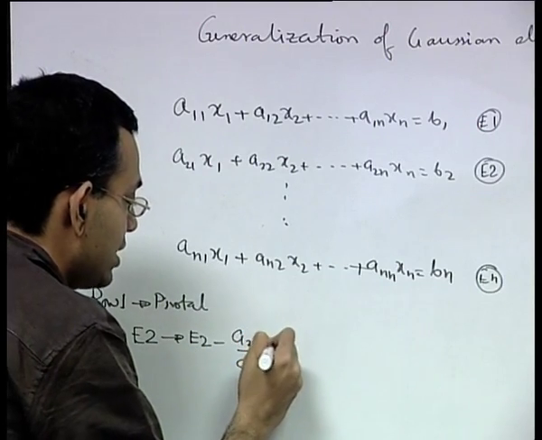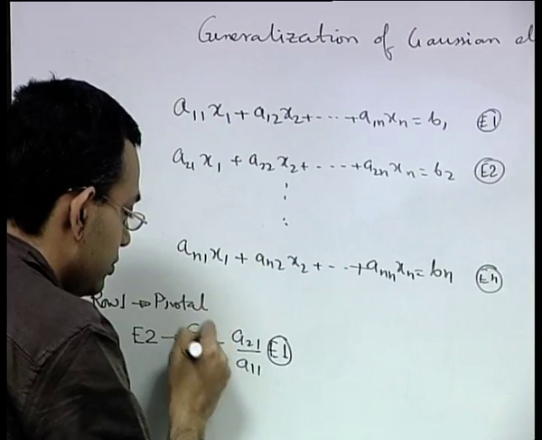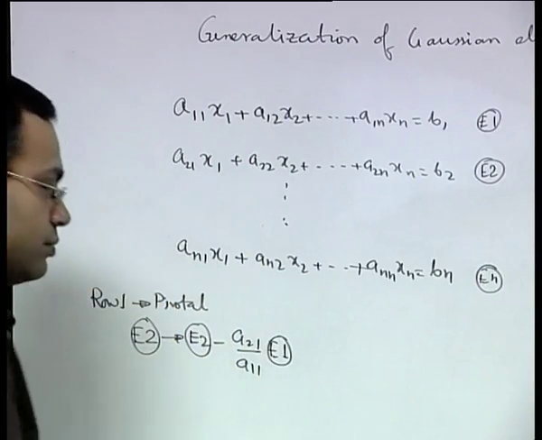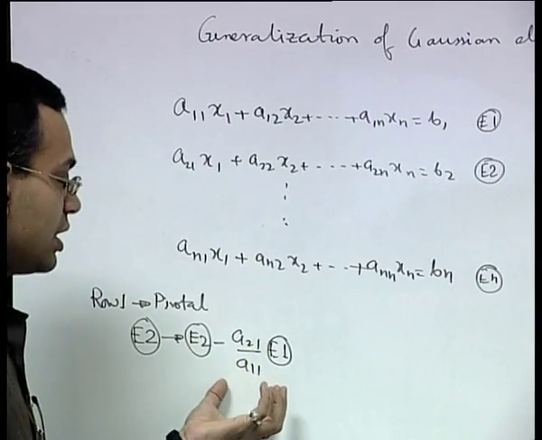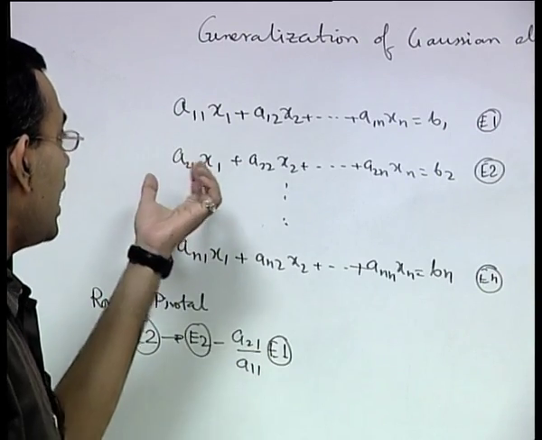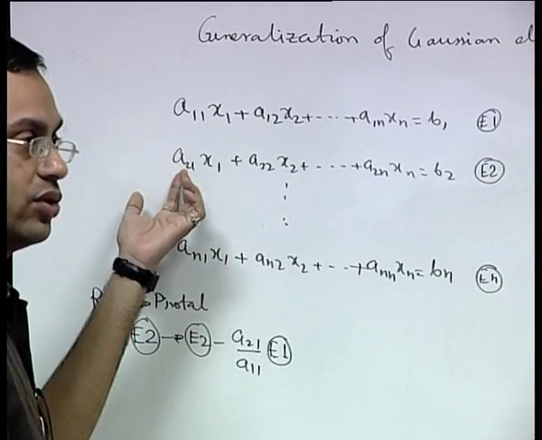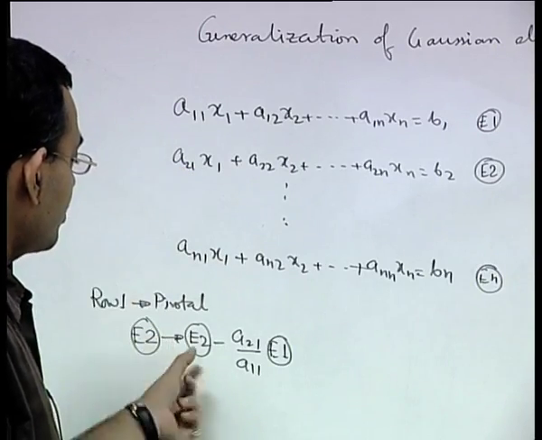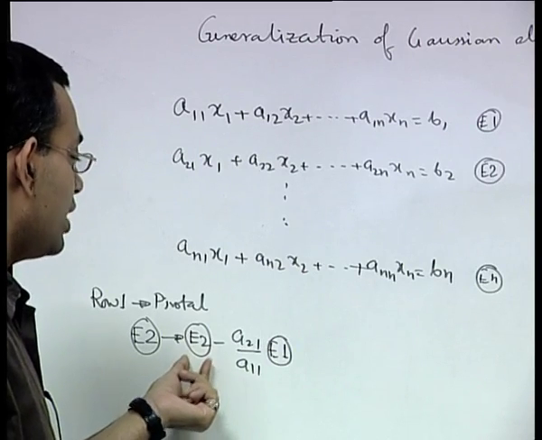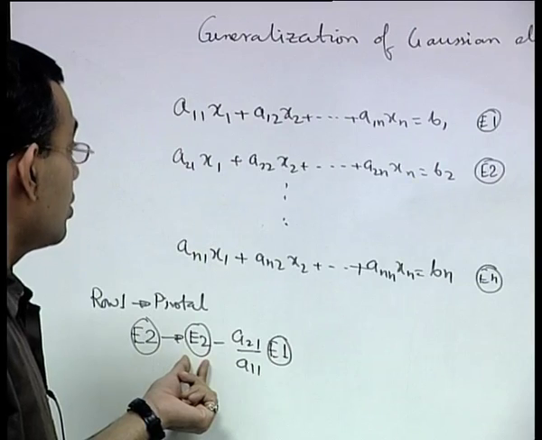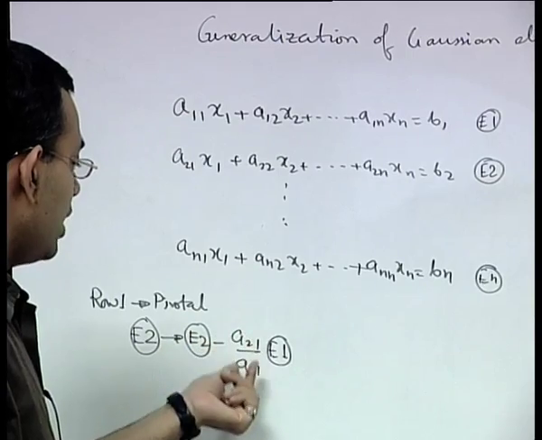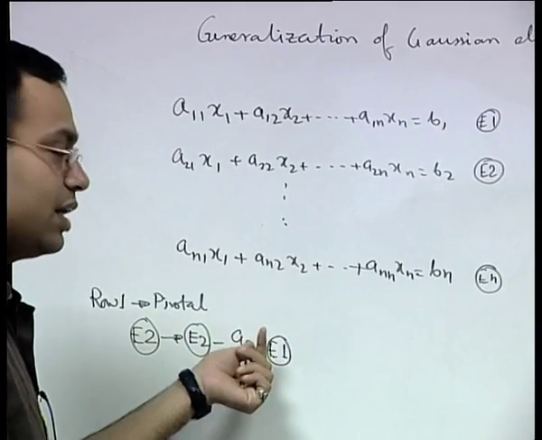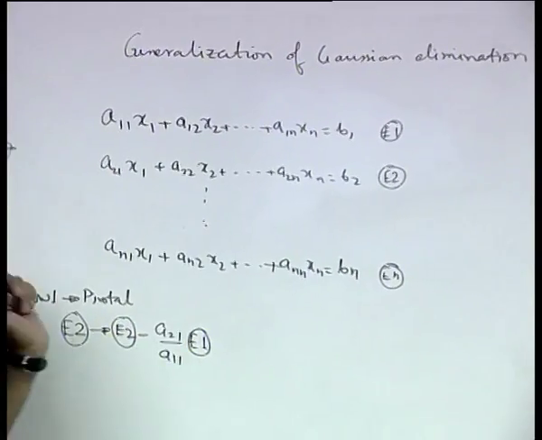So E2 minus this into E1. So you can see that this manipulation is done with an objective that the corresponding terms becomes 0. So you can figure it out by putting a21 in place of this one, so that it is a21 by a11 into a11 will make this also a21, the difference will be 0.